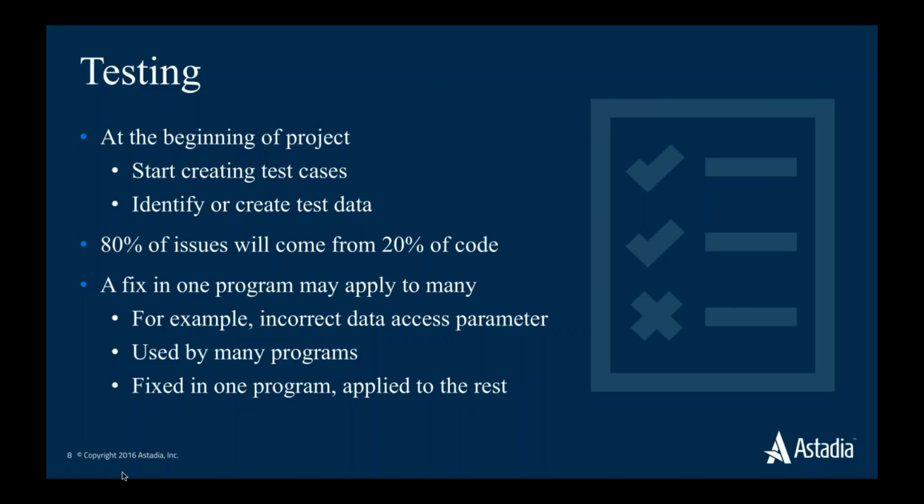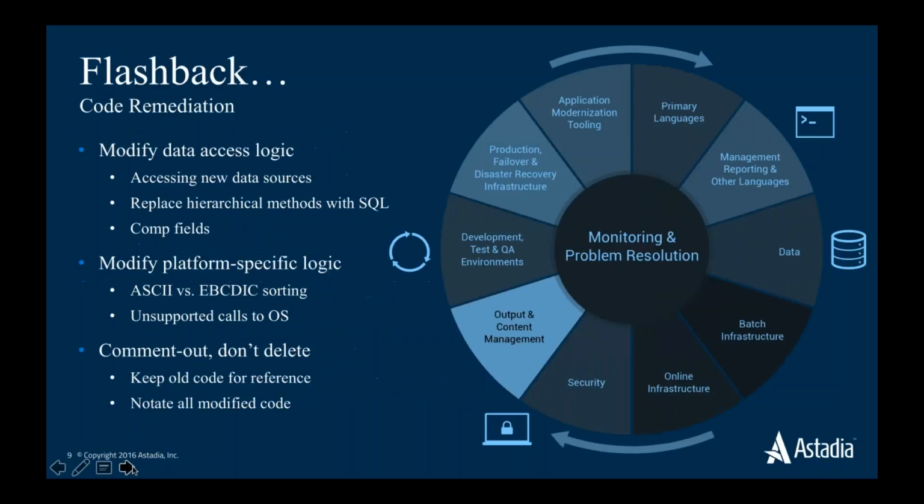So there may be a parameter in your data access code that is incorrect, and by fixing it, you have resolved that issue, and that may be used across many programs. So fixing it in one program can possibly apply to the rest of the programs and provide some economies of scale when trying to resolve issues.